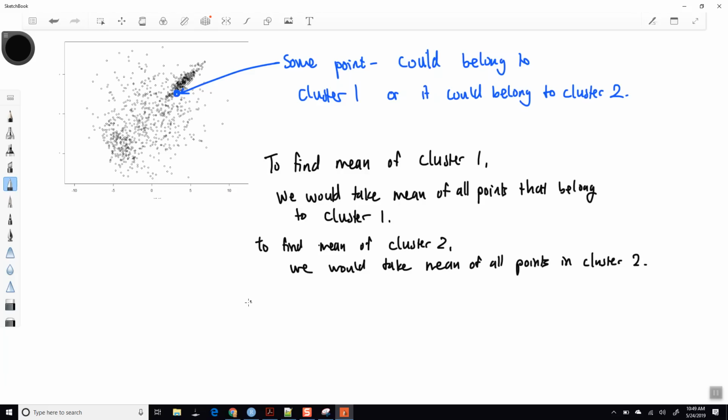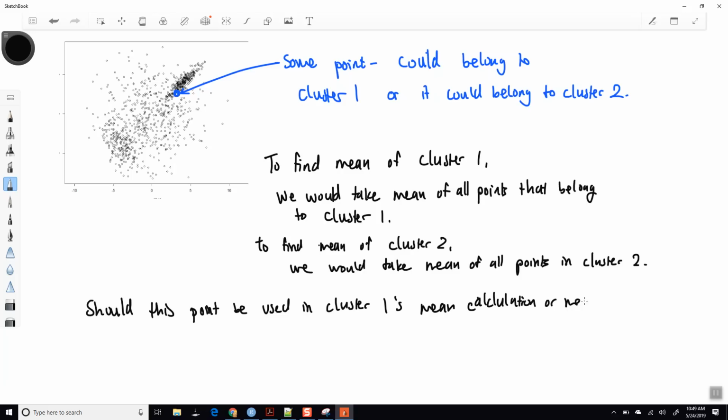And so the question is, should this point be used in cluster 1's mean calculation, or in cluster 2's mean calculation? Whichever cluster has higher probability, in the sense of which cluster has more points.